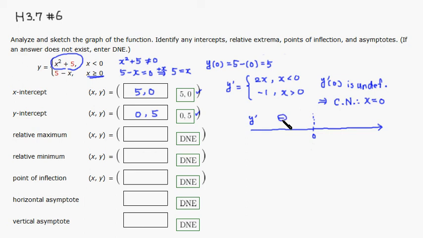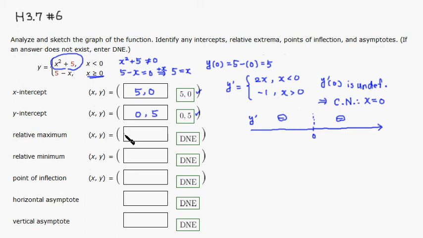If x is positive, like positive 1, then it belongs to the bottom one. The derivative is negative 1, which means the derivative is still negative. Therefore, since it's decreasing and turns into still decreasing, there is no local maximum or local minimum at x equals 0.